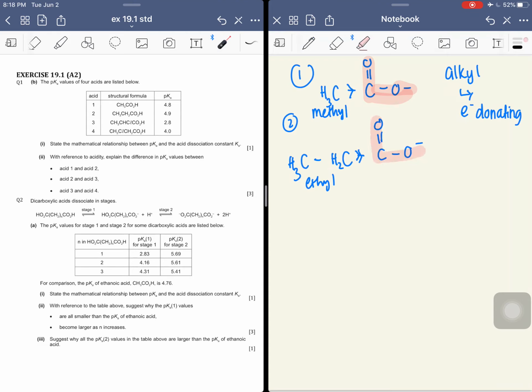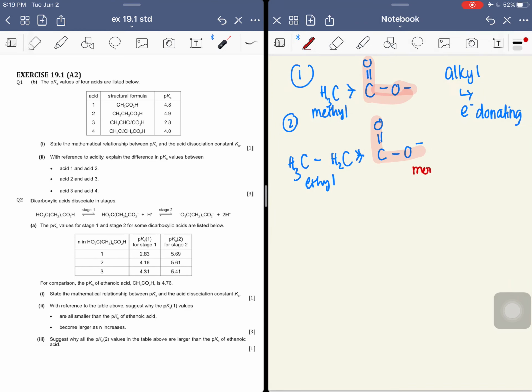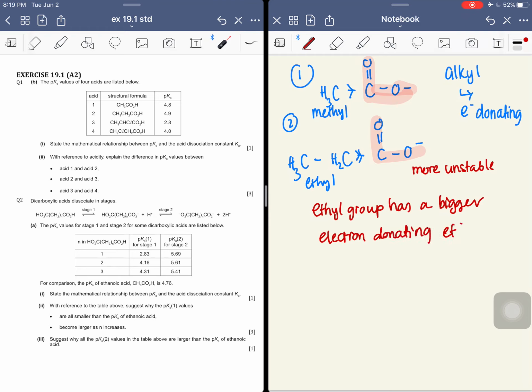Okay, so if you want to compare between the anion in number 1 and the anion number 2, both of them are unstable. However, anion number 2 is even more unstable. Okay, because the ethyl group has a bigger electron donating effect onto the COO minus.